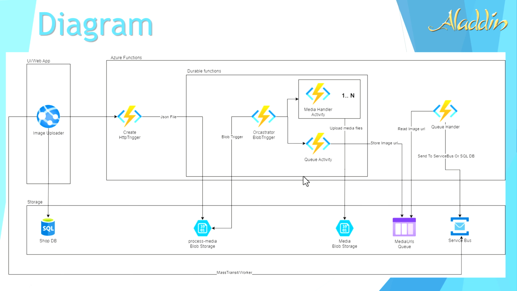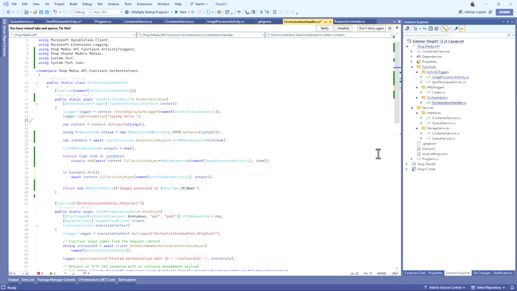So what we can do now, let's close our PowerPoint and see where we've been. We are now in the orchestrator. The orchestrator took the data from the request, converted the data, and looped on the number of images to be uploaded to our media container.